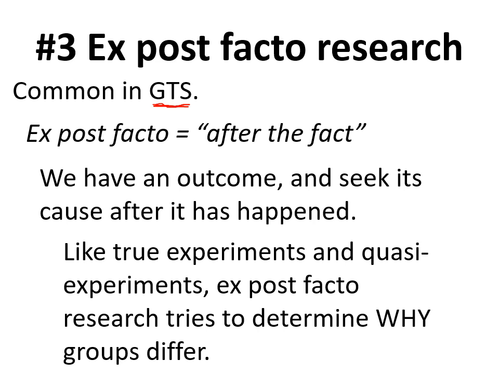So, are places that are poorer, do they tend to have lower life expectancies? Are places that are more rural, do they tend to have lower life expectancies? So we attempt to assess whether there's an association, whether two things tend to vary together with ex post facto research.